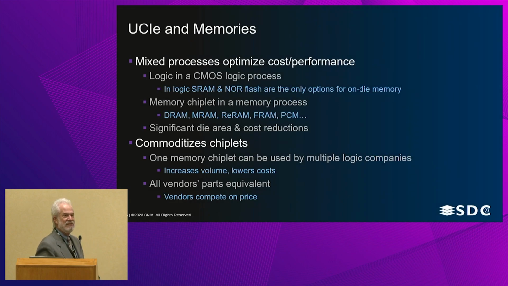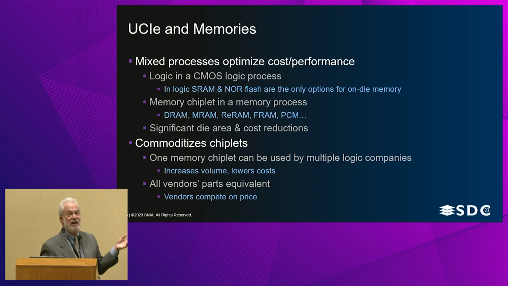UCIe is really cool for memories because it allows the processor designers to use a logic process to build logic and to use a memory process to build a memory. Right now, with the older process technologies, you'll have SoCs, microcontrollers, ASICs, and that kind of stuff built in a logic process.